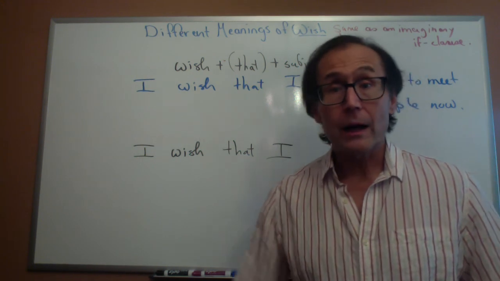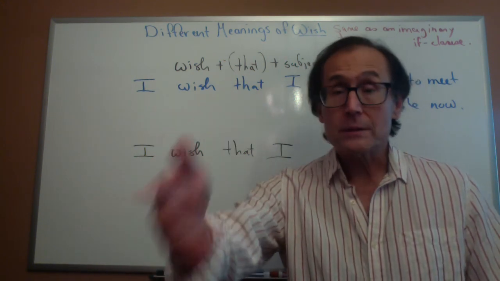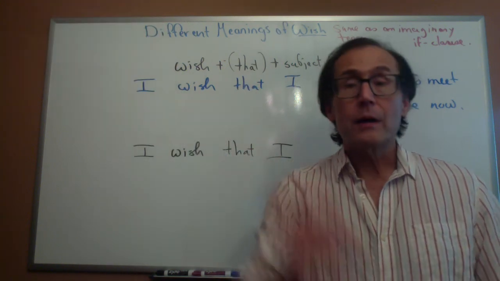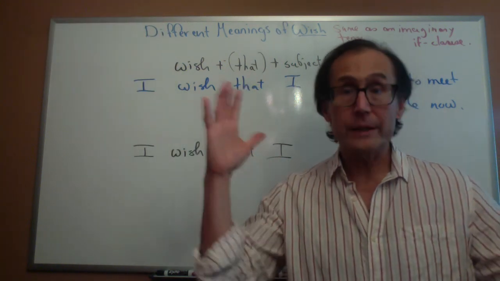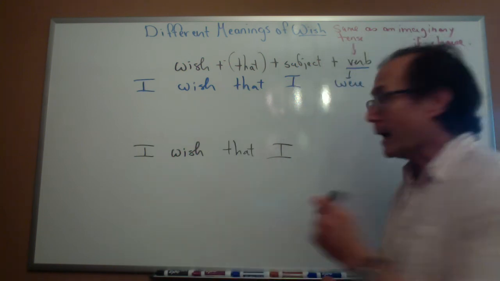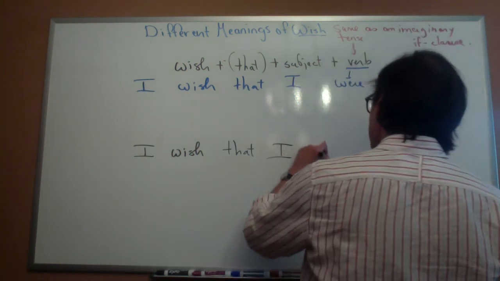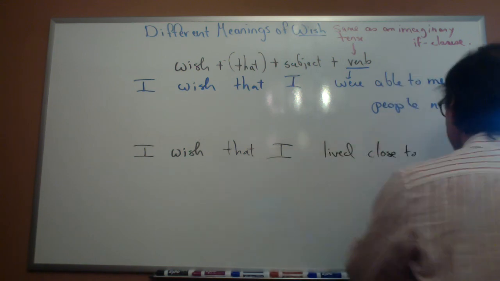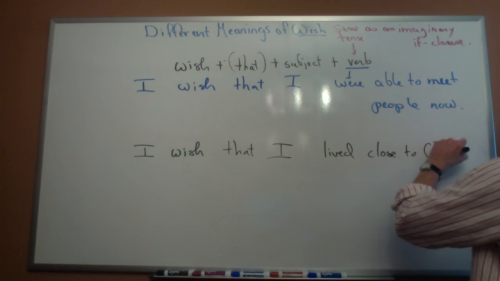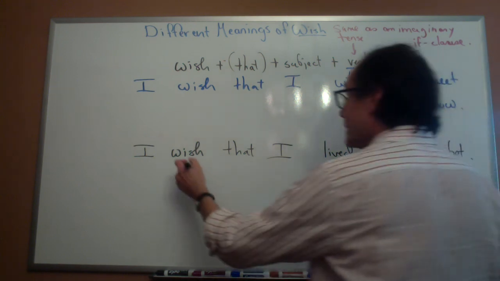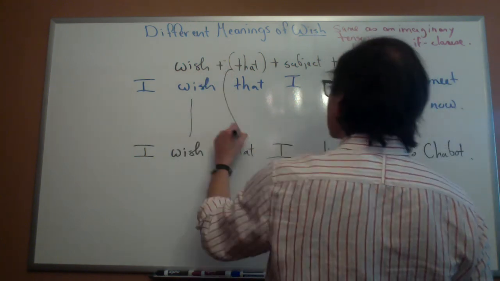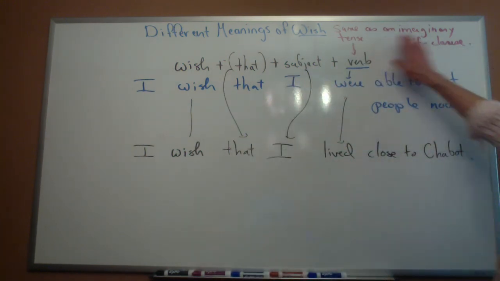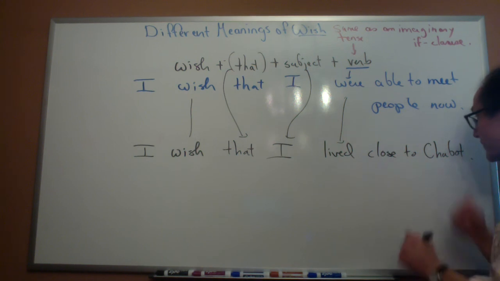So it would be nice, I want this thing, that I would move closer to Chabot. But I don't. It's not real. So I could say, I wish that I lived close to Chabot. That would make it very easy for me to get to work. So here again I use wish, and that, and subject, and the verb. Notice same tense as an imaginary if clause. I wish that I lived close to Chabot.